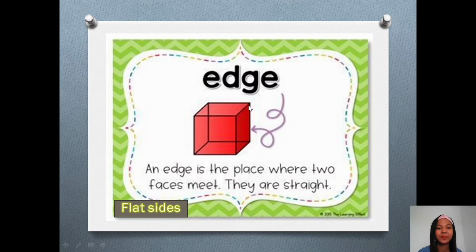For example, this face in the front part of this 3D figure and this face meet at this line segment. It is a straight line. An edge is used only for figures with flat sides.